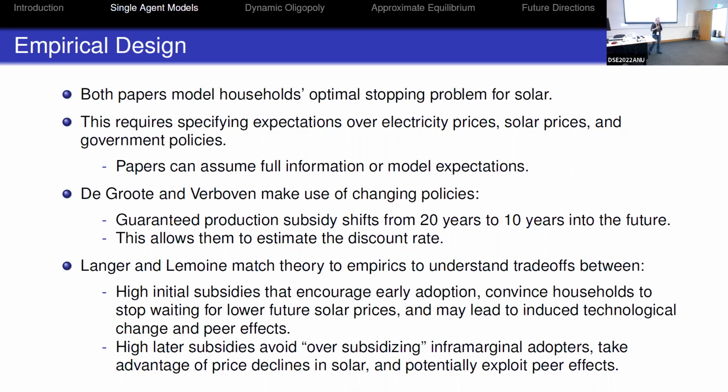De Groot and Verboven have a nice trick. And this is a nice trick that I come back to time and again when I think about how should you identify beta? How should I identify the discount rate? So they're looking at Flanders, and in Flanders, they had these policies to subsidize the generation of electricity from solar, right? So it's not an upfront subsidy. It's telling you that we will buy solar from you at some high price, basically. And these policies changed over time.